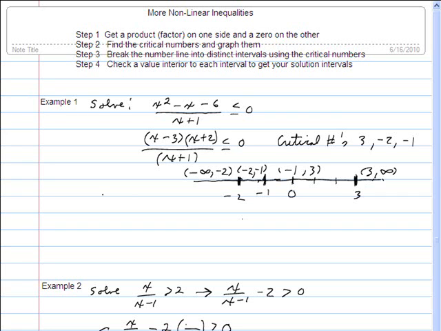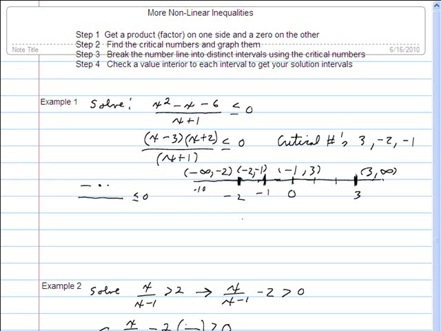We're going to have 3 numbers. We're going to have a quotient, and we're going to want to know, is the quotient negative? And it's negative if it has an odd number of negatives. So let's try a number. I go into the first interval, and let's say that I pick negative 10 for my test number, because that's certainly in that interval. Then this first number, negative 10 minus 3, is negative.